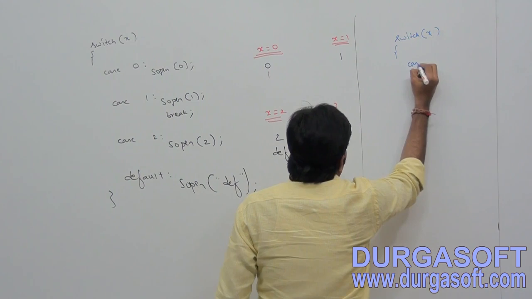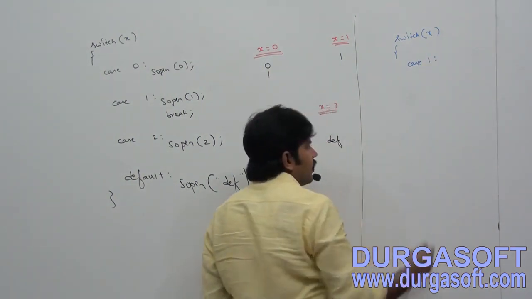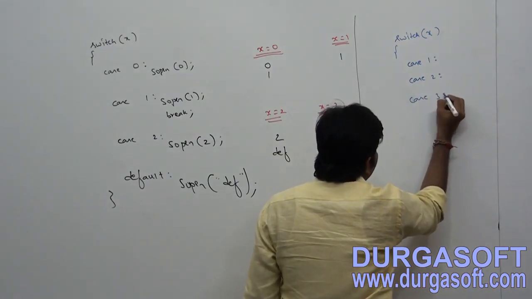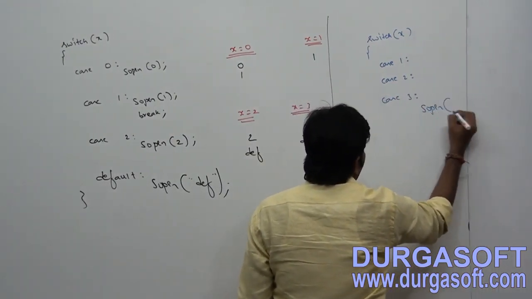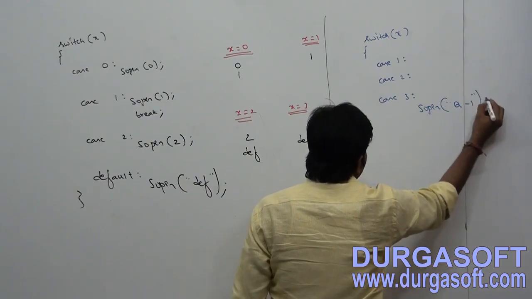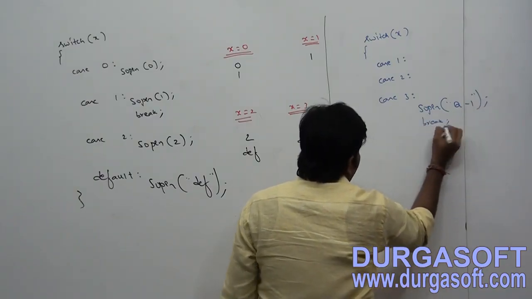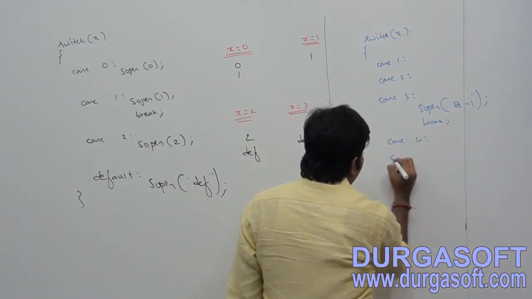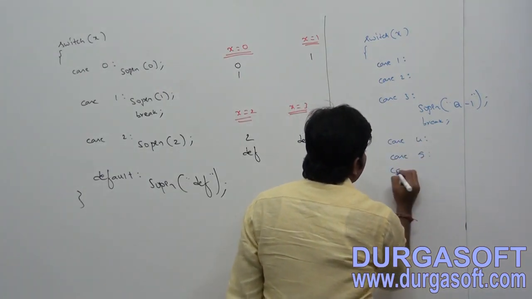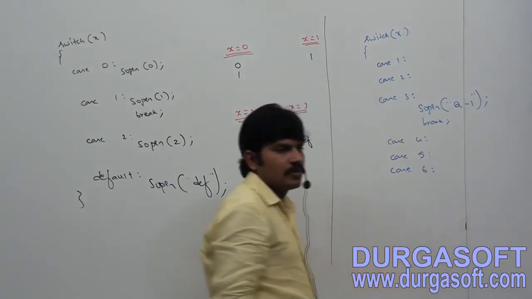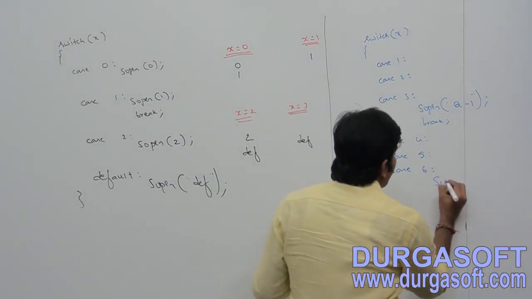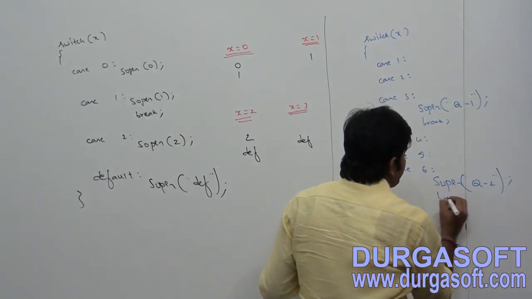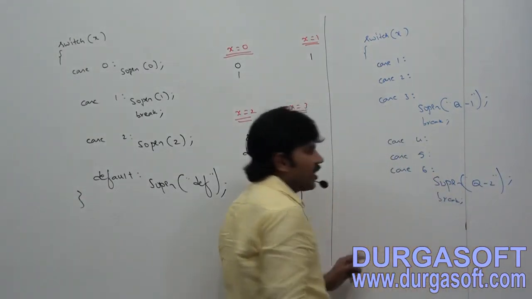Now case 1, case 2, case 3: the SOP of Q4, break. Next case 4, case 5 and case 6: SOP of Q1, break.